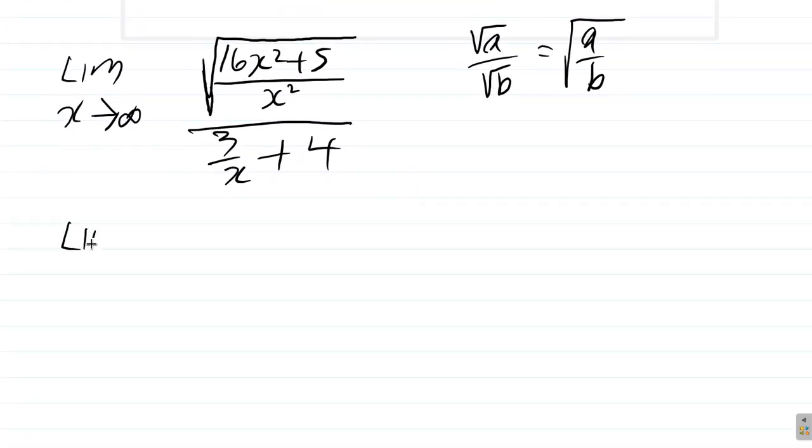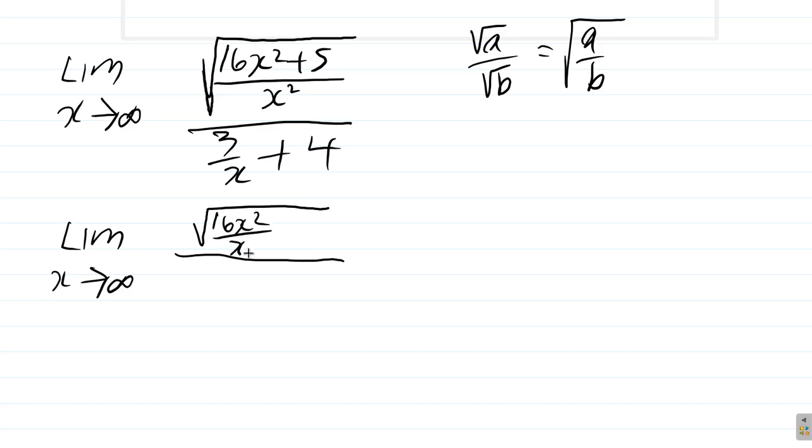So, we have the limit as x tends to infinity of, up top here, the square root of, when we rewrite this, 16x squared over x squared plus 5 over x squared. You see that? And this is 3 over x plus 4.